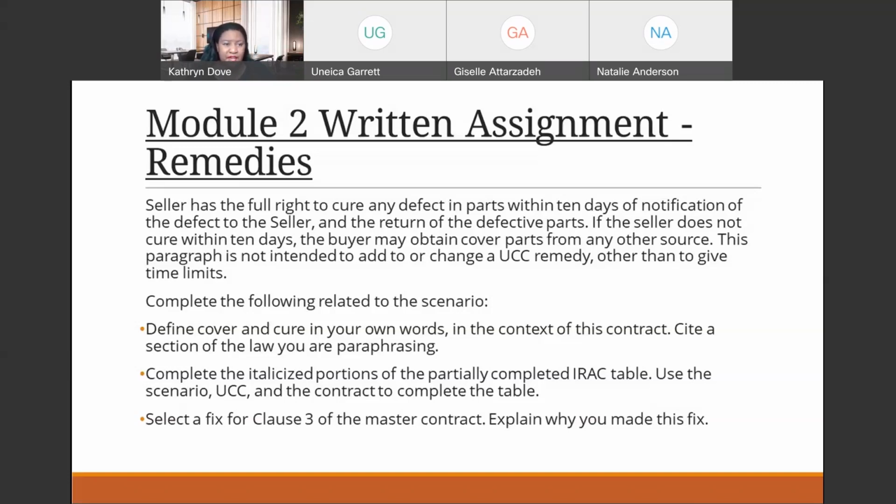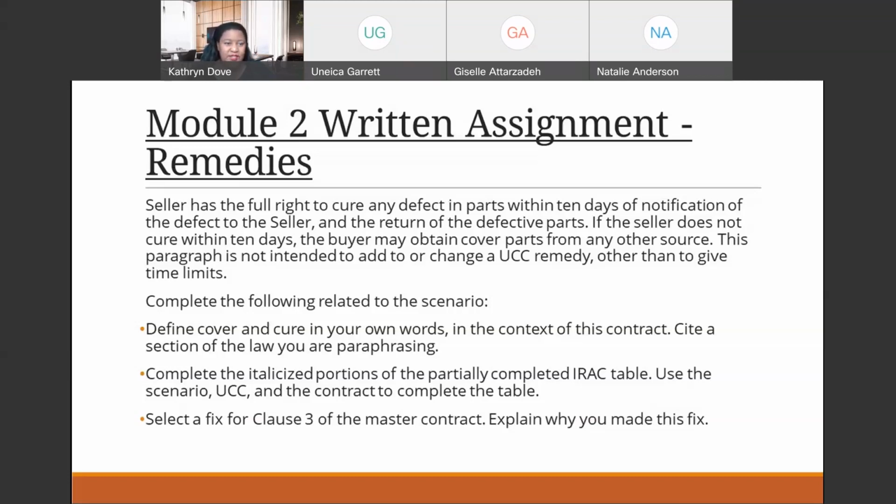The parties can be silent in the contract about the right to cure, because no matter what is written in the contract, the UCC applies to contracts for the sale of goods, regardless of what is in writing. The parties can use the contract to clarify certain issues, but it can't really change it. And that's why this paragraph is not intended to add to or change a UCC remedy.